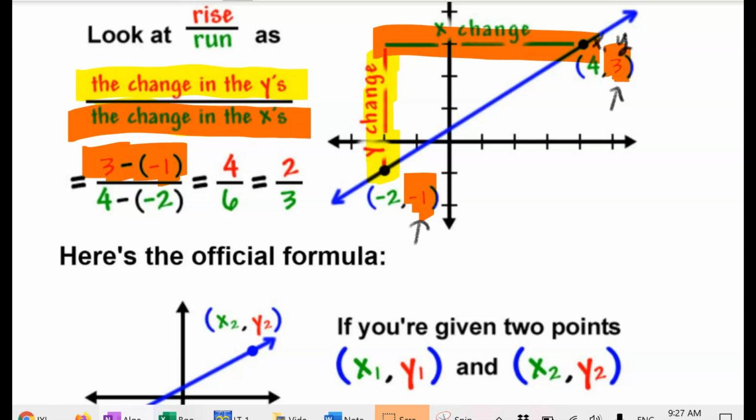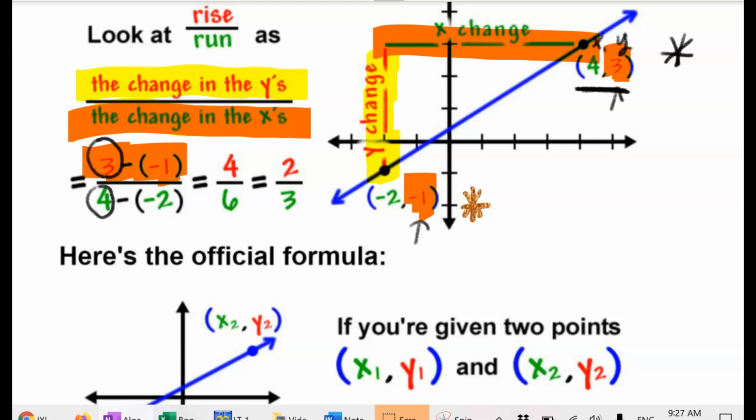You're changing your x's, so if you look where that 3 came from, it came from this point here. If I go down to this 4, where did it come from? It came from this point over here.